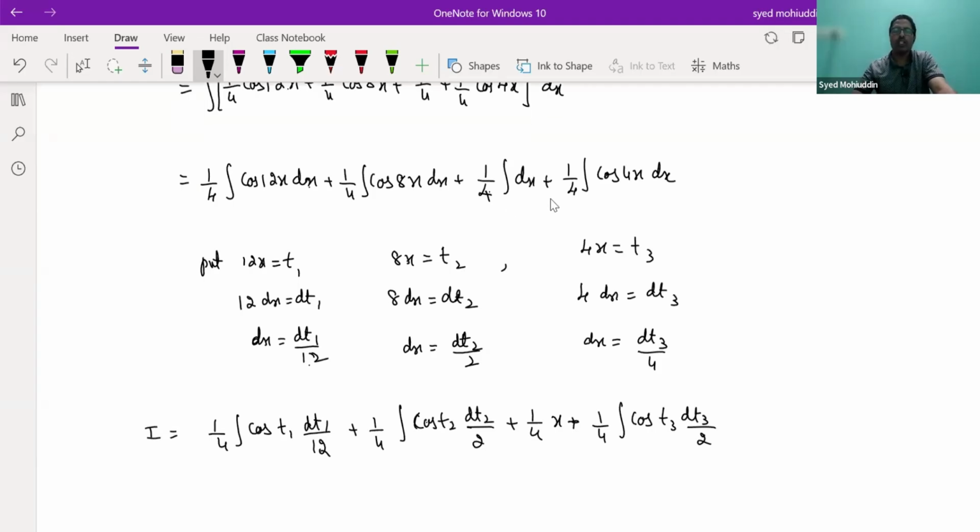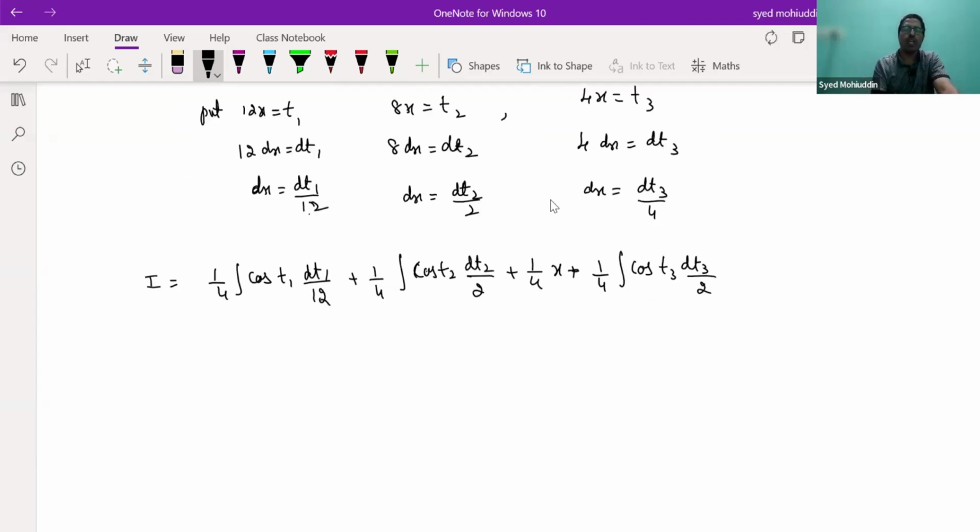Now normal integration, as we know that integral of cos will be sine. Therefore, you can take this 12 also outside. 1 by 12 times 4, 48, integral of cos t1 will give you sine t1.